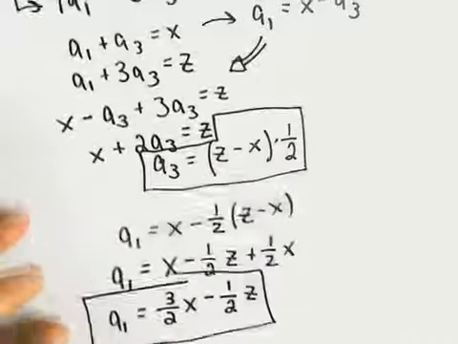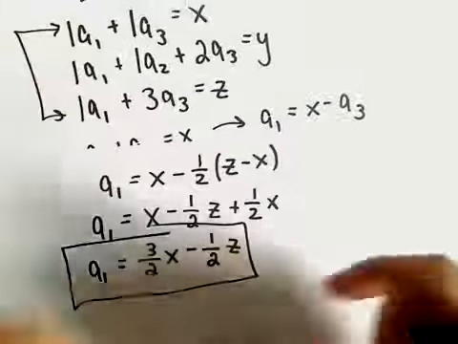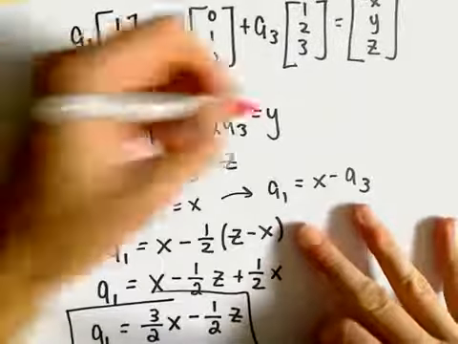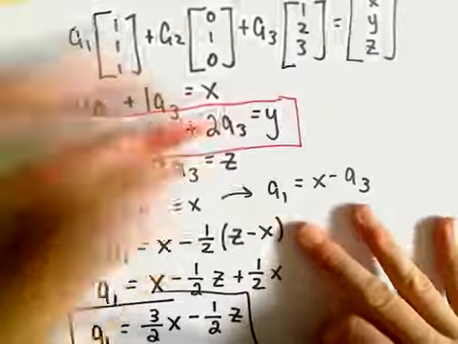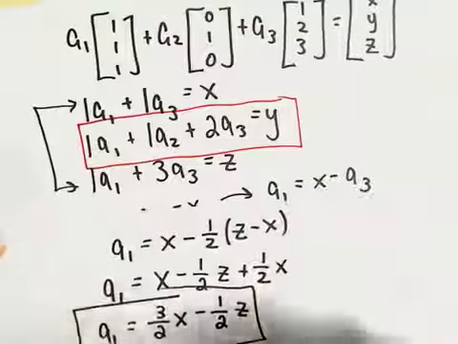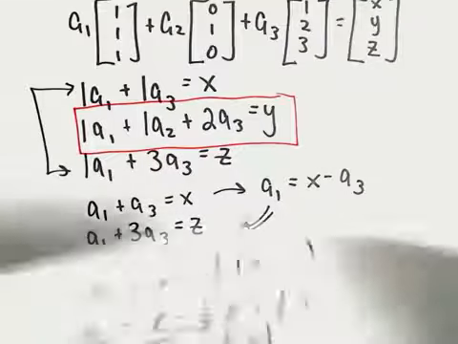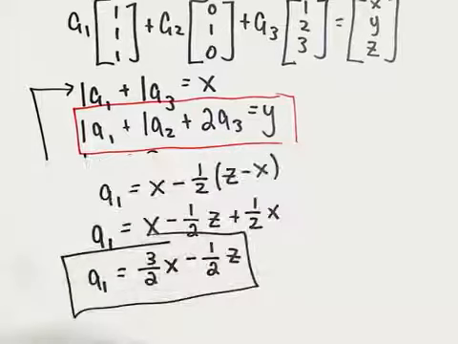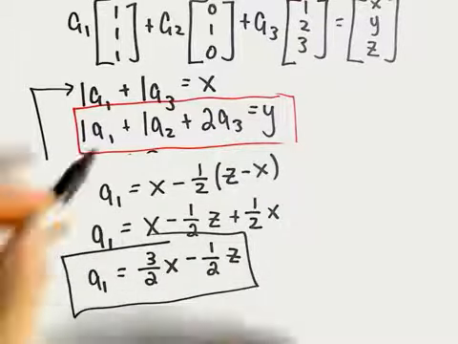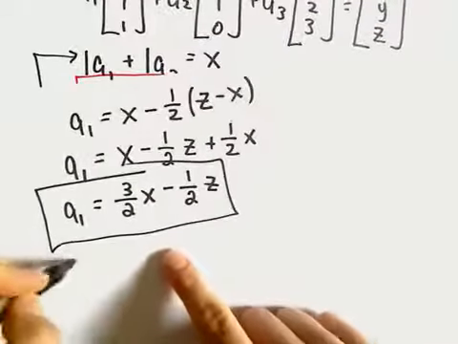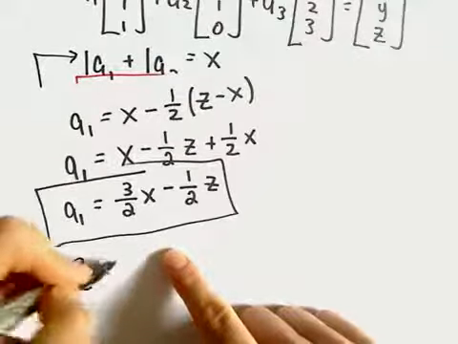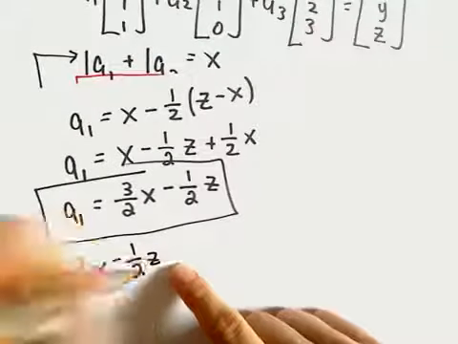And last but not least, I think the only equation we haven't played with yet is our second equation from before. We haven't done anything with this one yet. We've got a1 solved for. We've got a3 solved for. We just need to solve for a sub 2 now. So a sub 1, let's plug that in. We know that's 3 over 2 x minus 1 over 2 z.